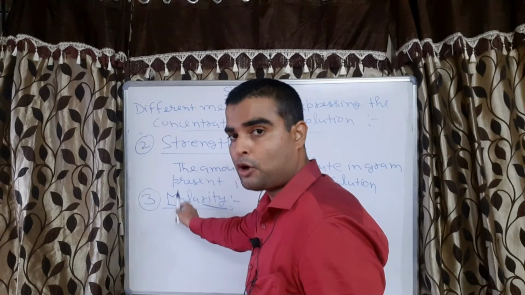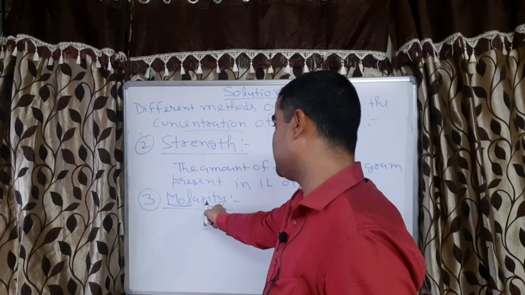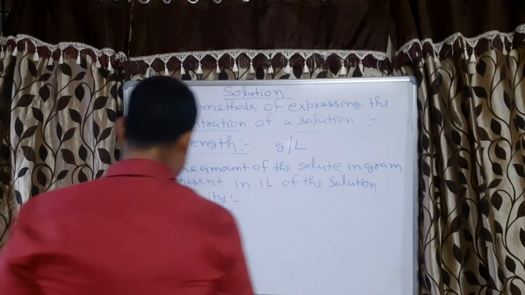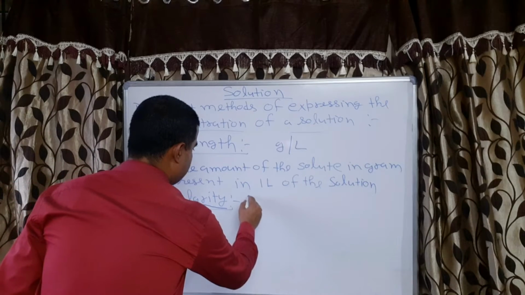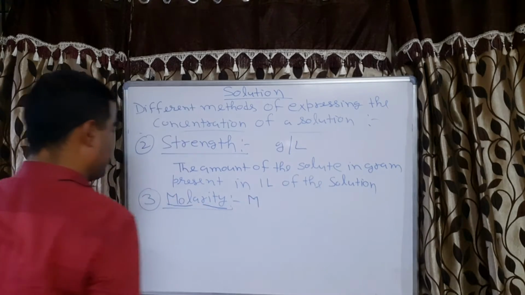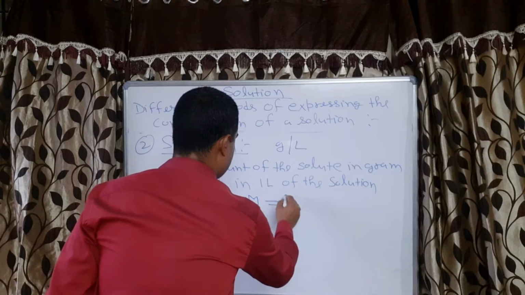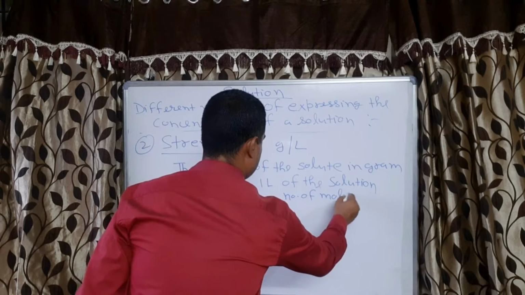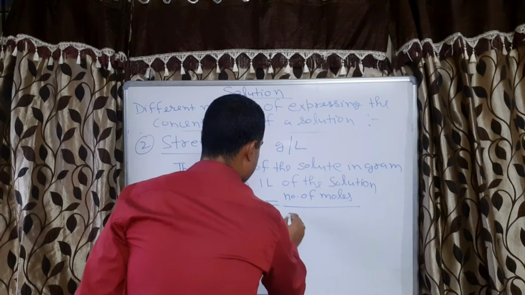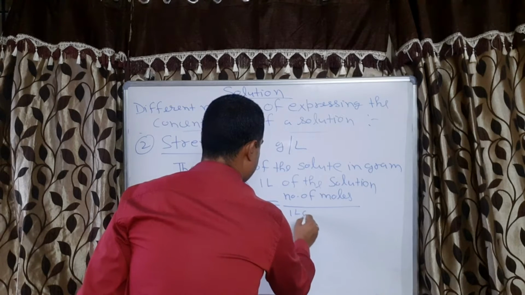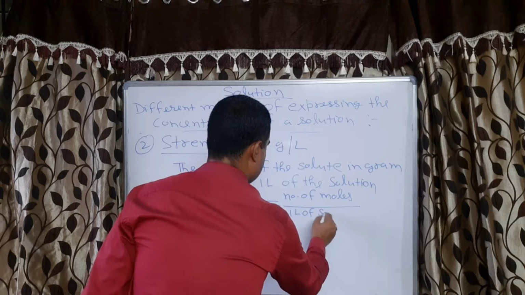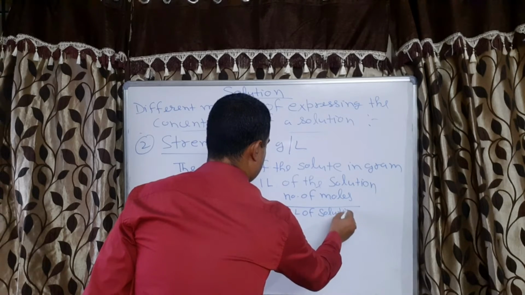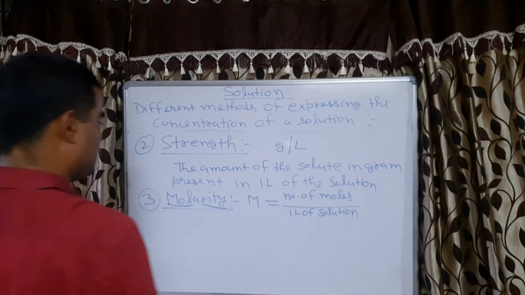Number of moles of solute present in 1 liter of the solution, and it is represented by capital M. So it is equal to number of moles present in 1 liter of solution. Correct?